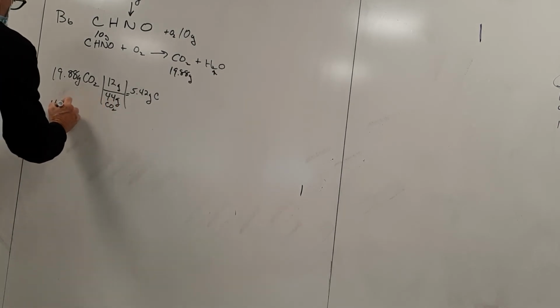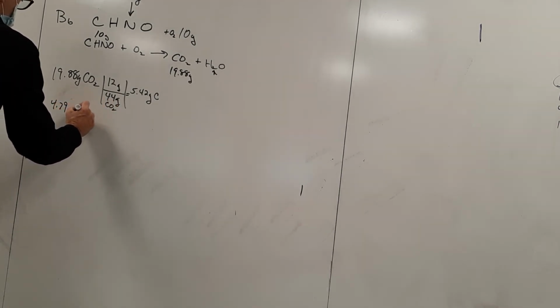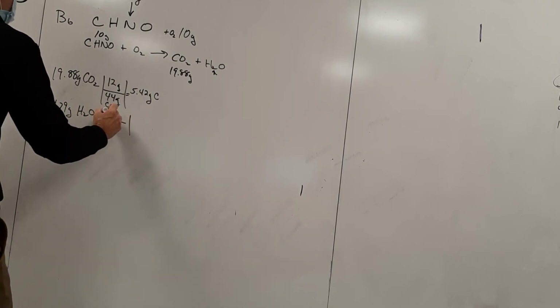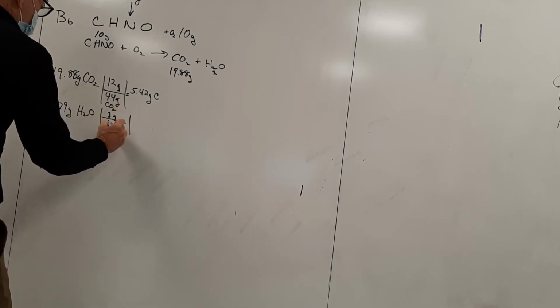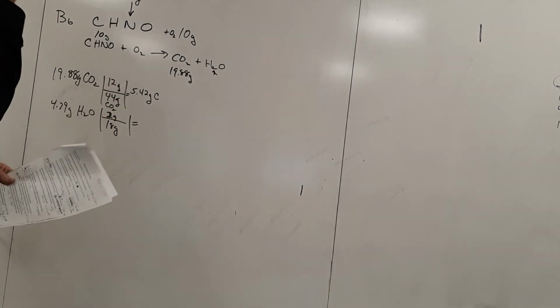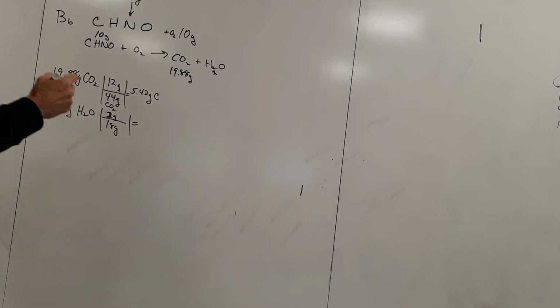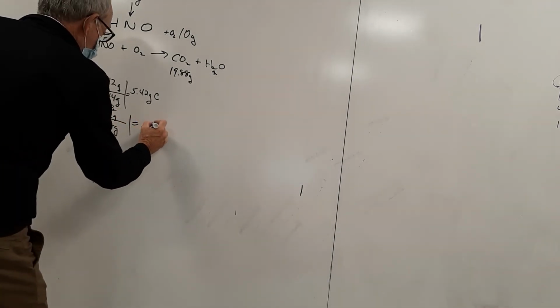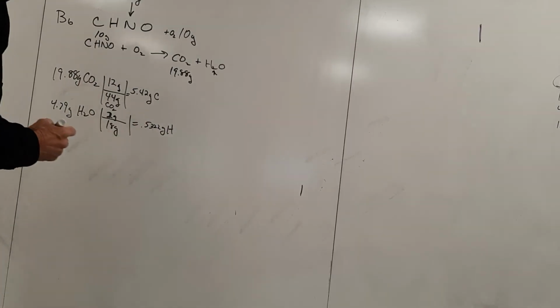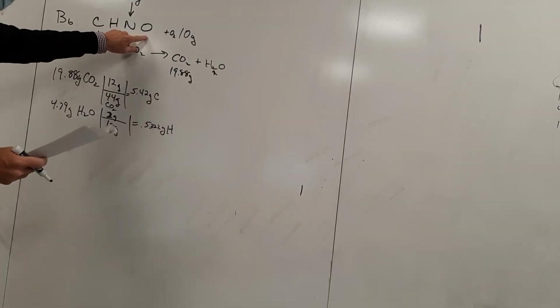Then 4.79 grams of H2O: that's 2 grams of hydrogen for 18 grams of water, which gives me 0.532 grams of hydrogen.